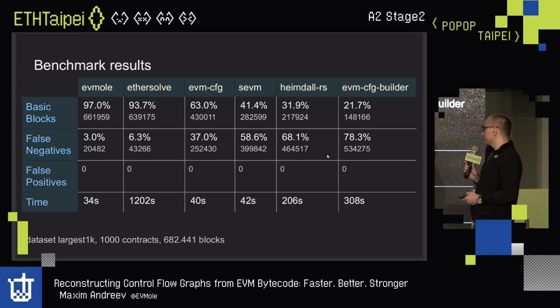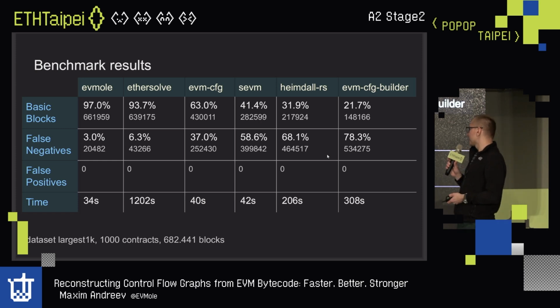You can see it not only outperforms in terms of false negatives, with 3% of false negatives compared to the second place at 6.3%, but also the execution time is the lowest. It's only 34 seconds.